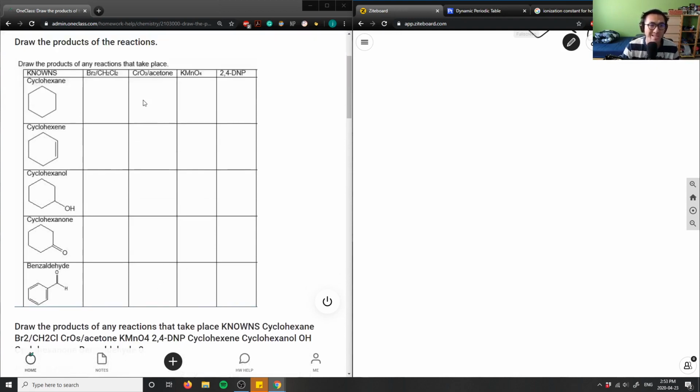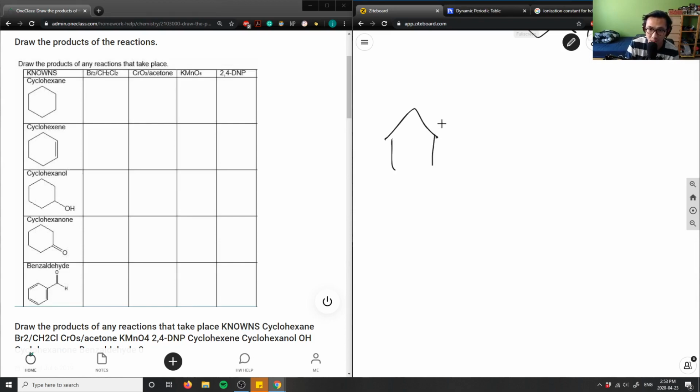CrO3, let me just check the strength of CrO3 for you real quick. Is chromium trioxide enough to oxidize to a carboxylic acid? I know KMnO4 would be, because potassium permanganate is a very strong oxidizing reagent. So in this case, benzaldehyde would oxidize to a carboxylic acid.